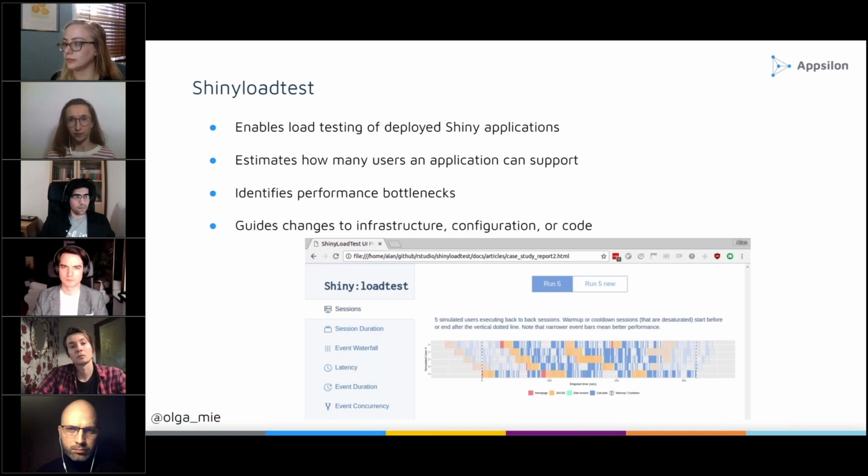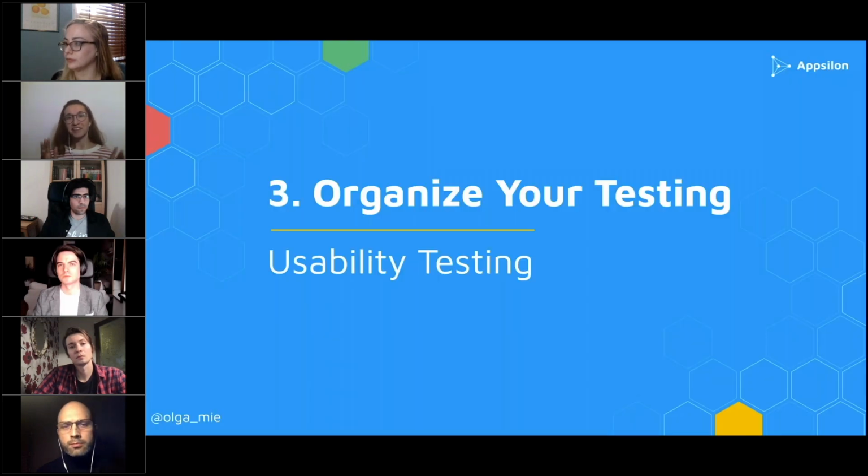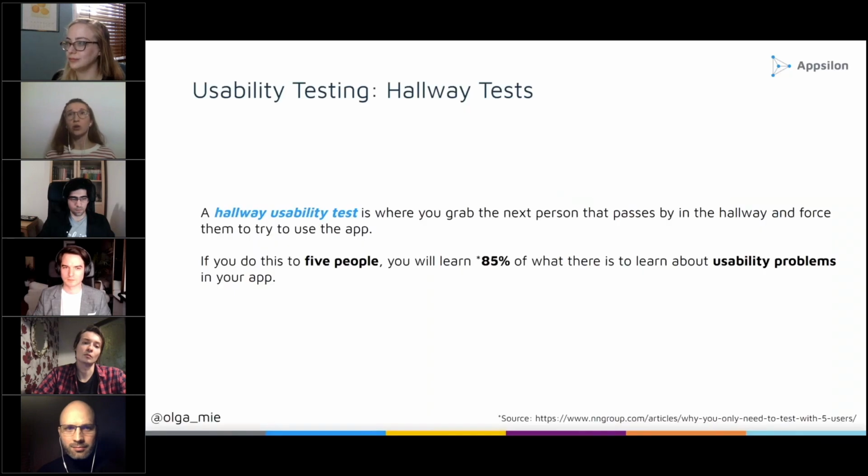Okay, and the last bit that you really have to think about: you also want to make sure that what you're actually building is useful for your users. So please talk to them, and you don't need a big budget to do that, because you can always use hallway tests.